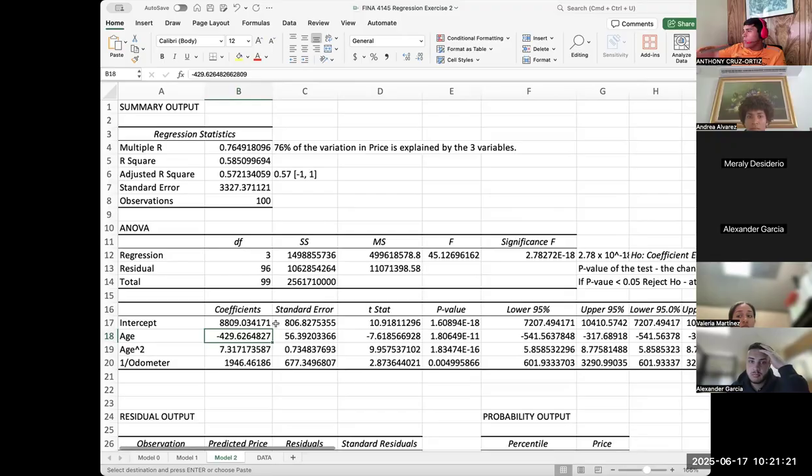I'm gonna encourage you guys to finish this assignment as soon as possible. Now that I hope you have the hang of it, creating variables, interpreting variables, and seeing here that we're improving the model by doing so, by fitting the pattern and the relationship of the variables by transforming them. All right.